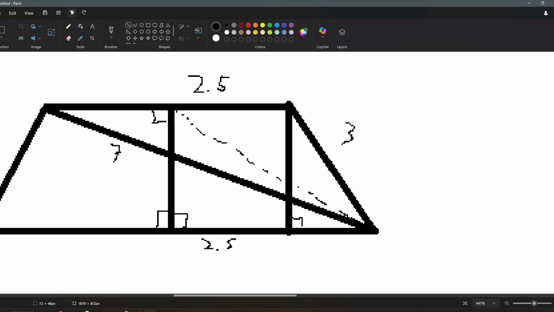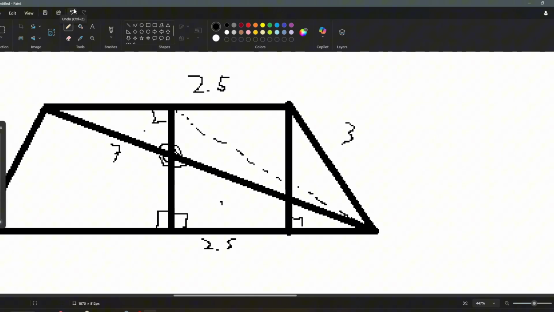I'm not sure. Okay, anyways, just rewriting some triangle similarities. This is also equal to this, which means that this is similar to this, which we already know.